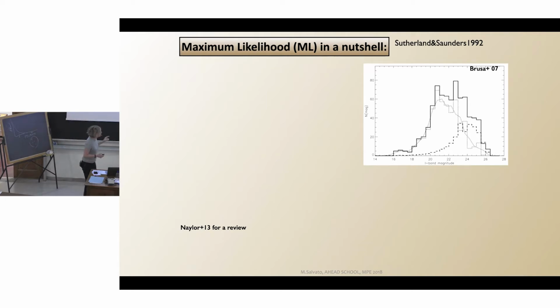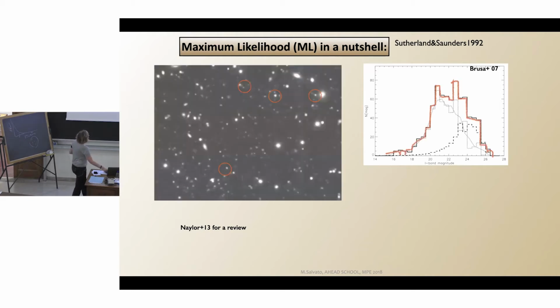In the past, what was done was the following. People would take an optical image, they would count all the sources within the red circle, which indicates the position of an X-ray source.